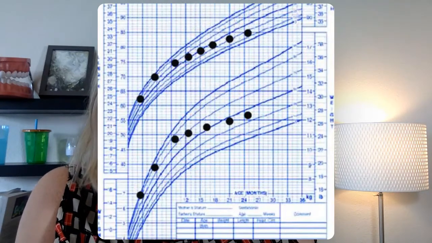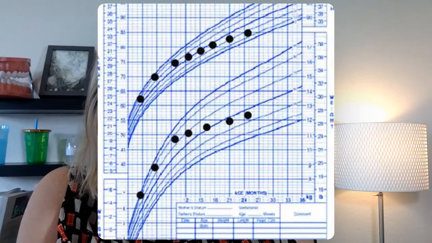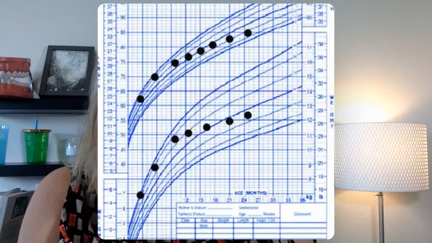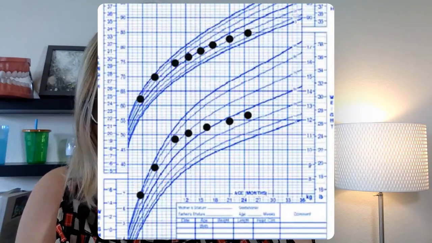You can see that this child at this age was at the top, the 95th percentile, dropped down to the 90th percentile at this line, the second line right here, and then is moving a little closer towards the 75th percentile here. It dropped that line, actually went below that, to just below the 50th percentile at this age.